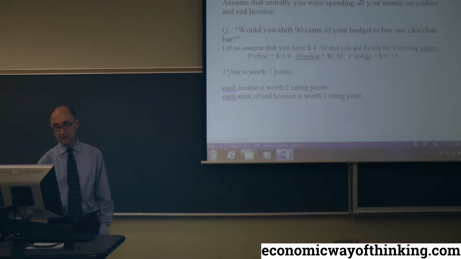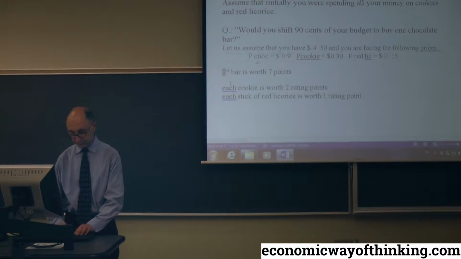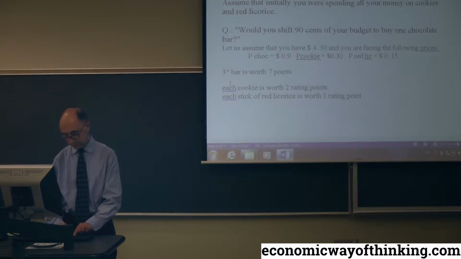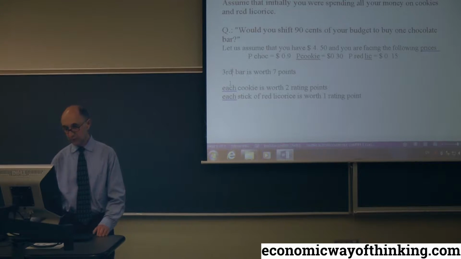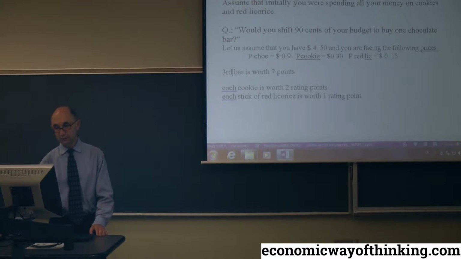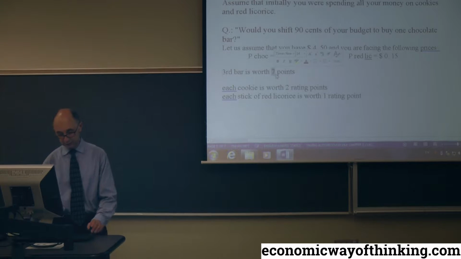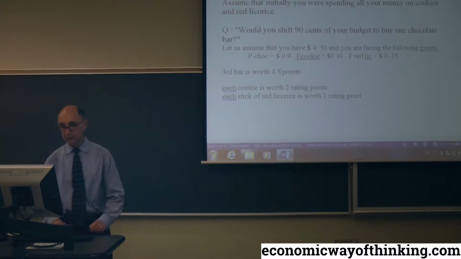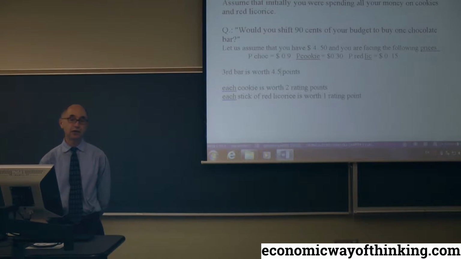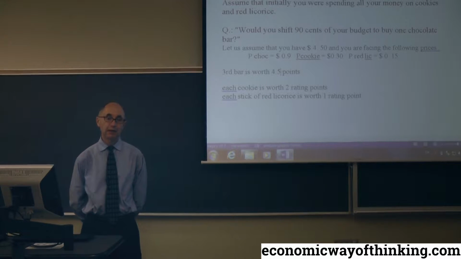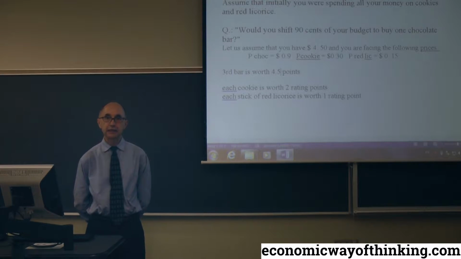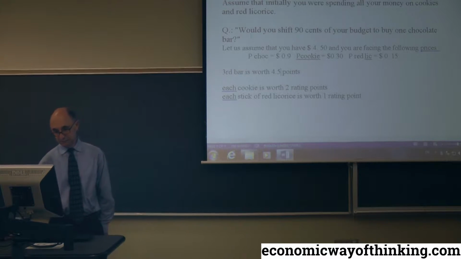So what about the third bar? The third bar, if you remember, is worth 4.5 points. So now you are familiar with the experiment. For the third bar, you gain 4.5 points, but you're losing 6 points.